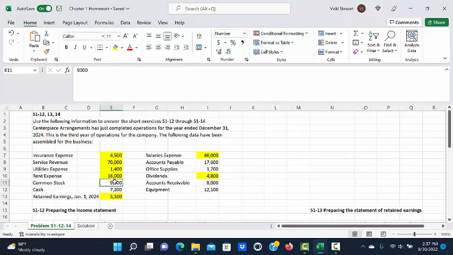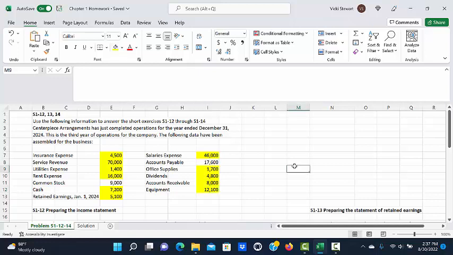So we know common stock is not an asset, but cash is an asset. So we want to highlight that. Accounts payable is a liability, but office supplies is an asset. Accounts receivable is an asset, and so is equipment.